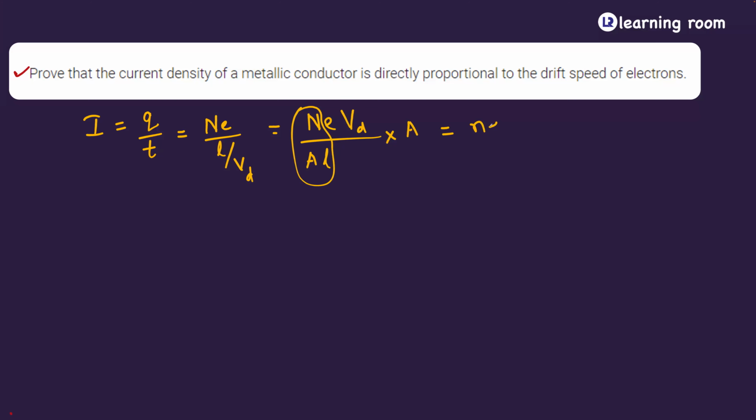So small n into e into A into v_d is the current. So bring the A to the left hand side, I divided by A will be equal to n e into v_d. So this is going to be the expression for current density. Am I clear with this? Yes.